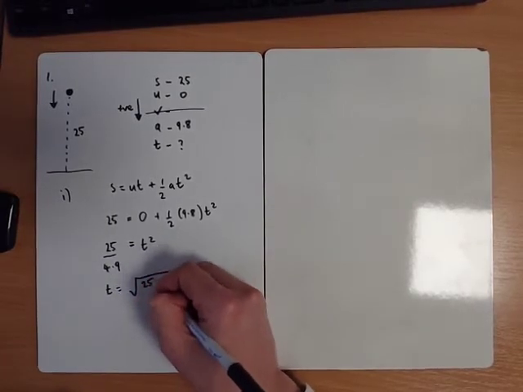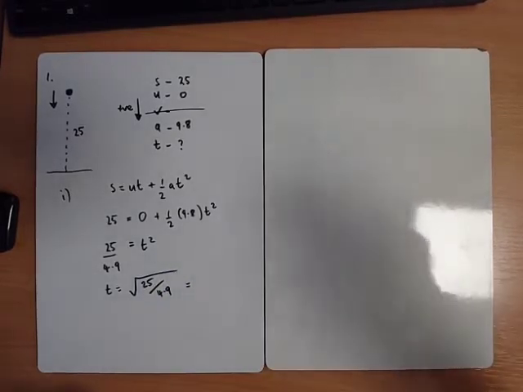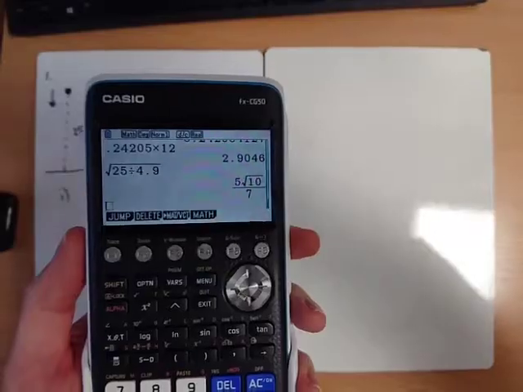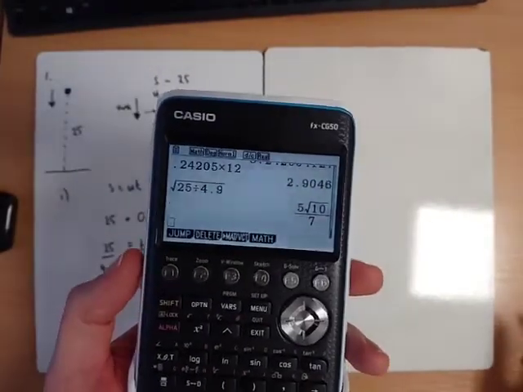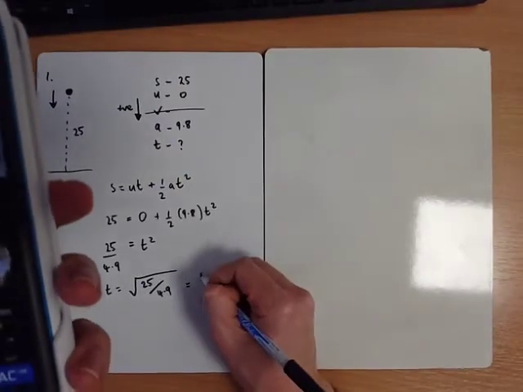We don't need plus or minus, because with this being time in the question, negative time doesn't make any sense, does it? So let's take the positive square root. The square root of 25 divided by 4.9, I'm getting root 5 root 10 over 7.